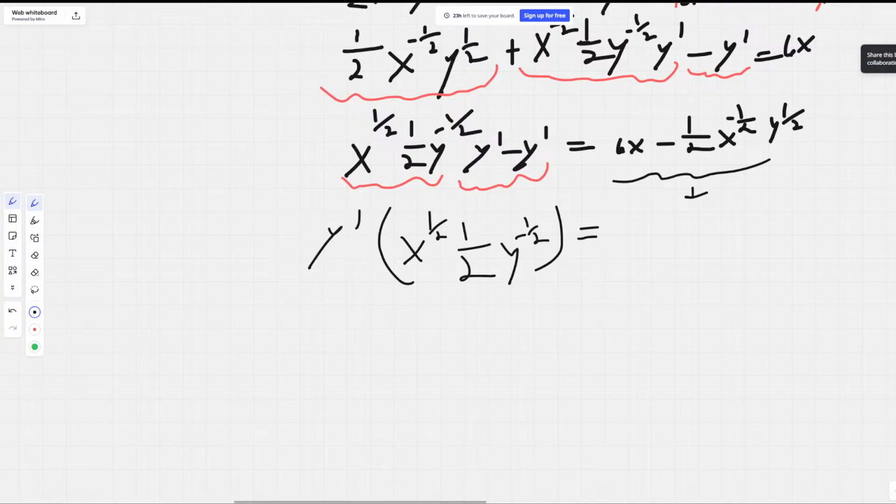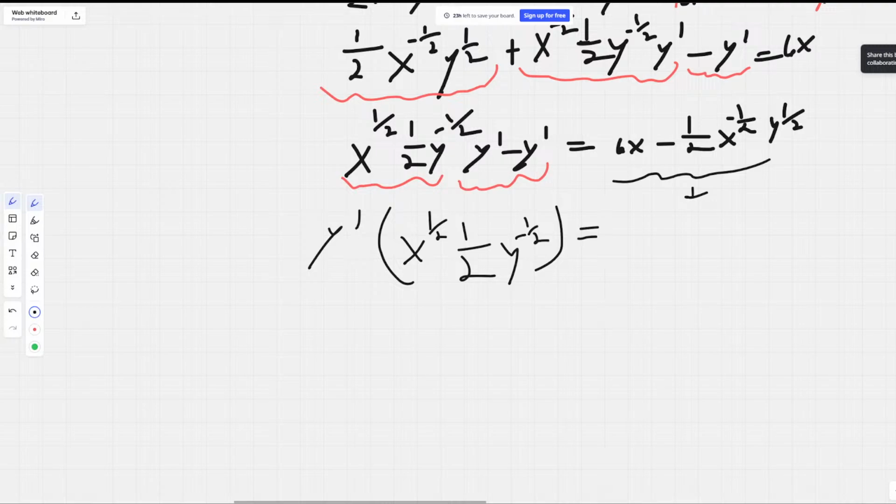Let's write it on the notebook, maybe help make sure I got it right. 1/2 x^-1/2 times y^1/2 is x^1/2 times 1/2 times y to the power negative 1/2 times y prime minus y prime. I'm gonna take over the one section I can.